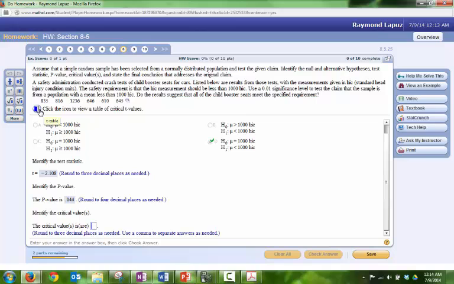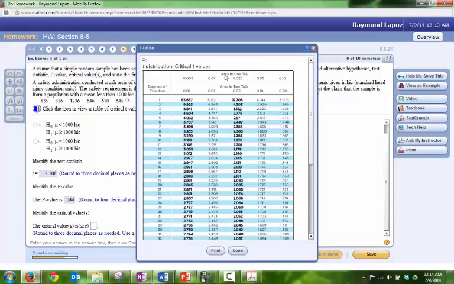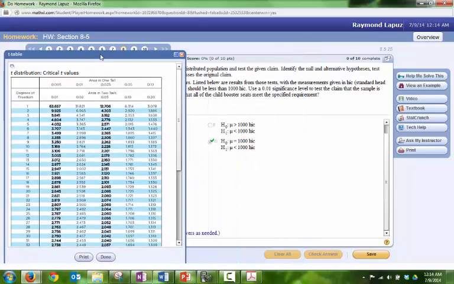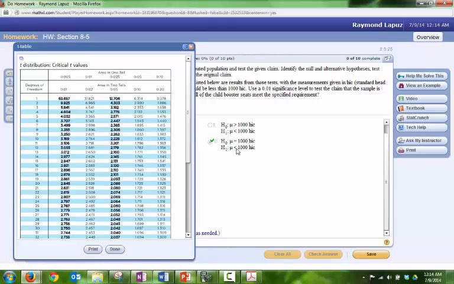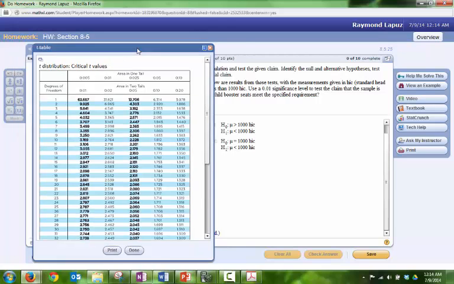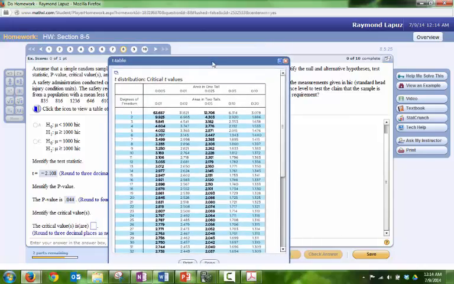There's a couple ways to find it. One way is to look at the table, our t-distribution table. We note that there's 6 values, so that's 5 degrees of freedom. And then we note that the area that we're looking for, the alpha, is 0.01, and we have that in one tail because our alternative hypothesis is a less than symbol, so it's a left tail, so it actually should be negative.